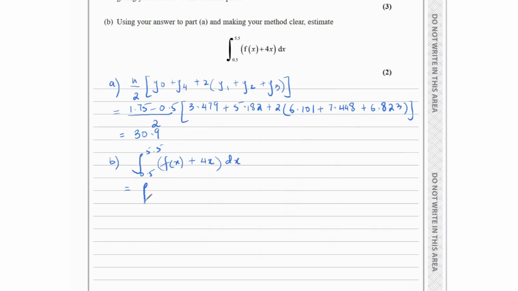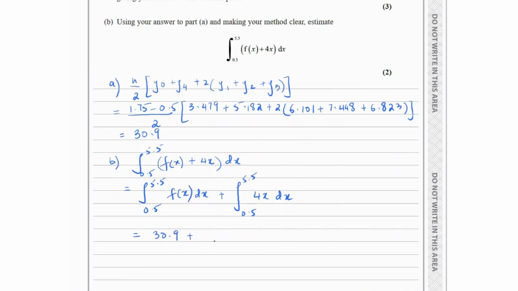So let's split this into two parts. One part is the integral of f of x from the limit of 0.5 to 5.5, and the other one is the integral of 4x. So we already have the value for the integral of f of x for the given limit, which is 30.9.